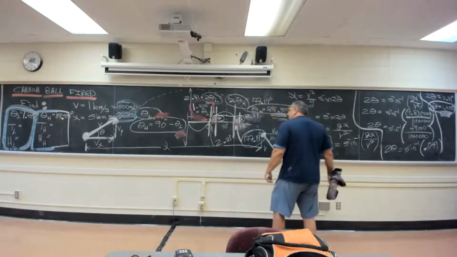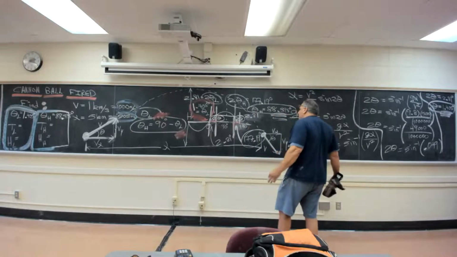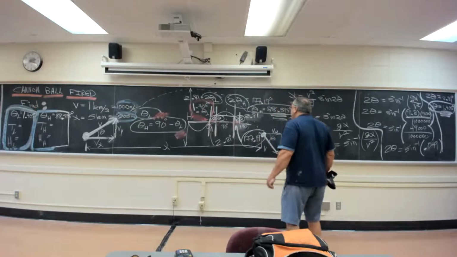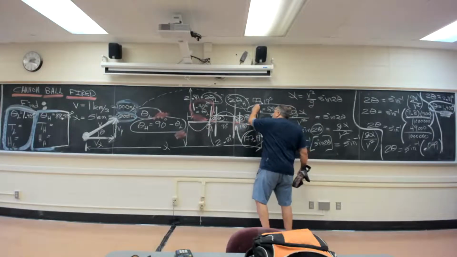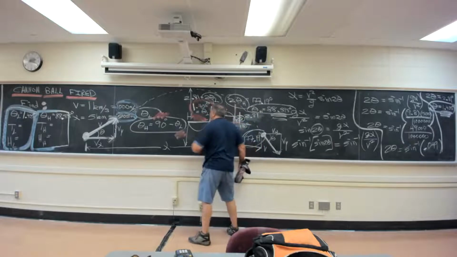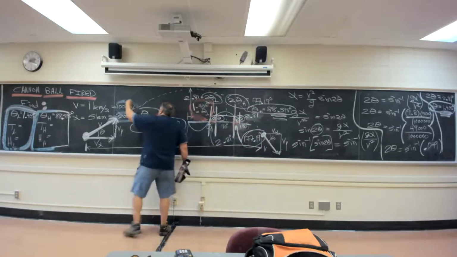There is a shortcut on this. These 2 guys, the 177.19 degrees and the 2.81 degrees, add up to 180. What does that mean?